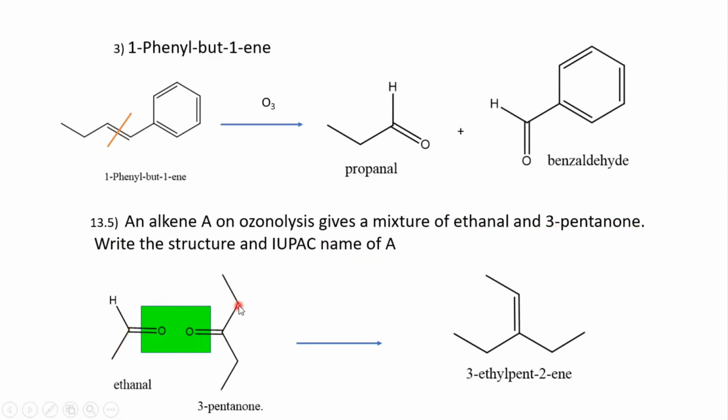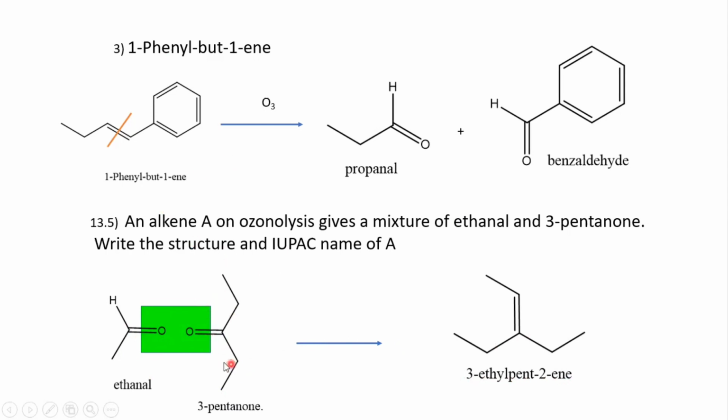So 1, 2, 3, 4, and 5. At the third position, you have the ketone. So just remove this oxygen and write the double bond. So the product that we are going to get is 3-ethyl pent-2-ene. So you just remove it and then number it and write the product.